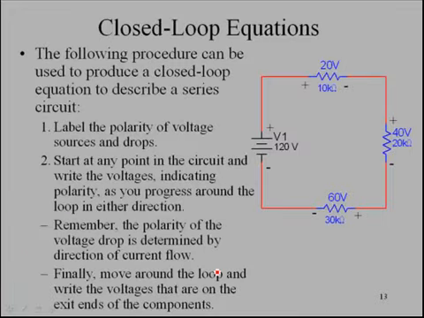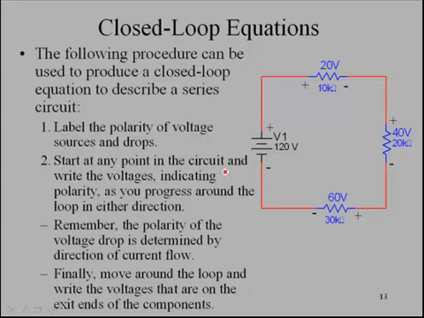Now, closed loop equations. The following procedure can be used to produce a closed loop equation to describe a series circuit. And there are two steps in this. First one, label the polarity of voltage drops and sources. So here we've got the polarity, and we did this in the previous slide, but here positive to minus, and then minus to positive, minus to positive, minus to positive.